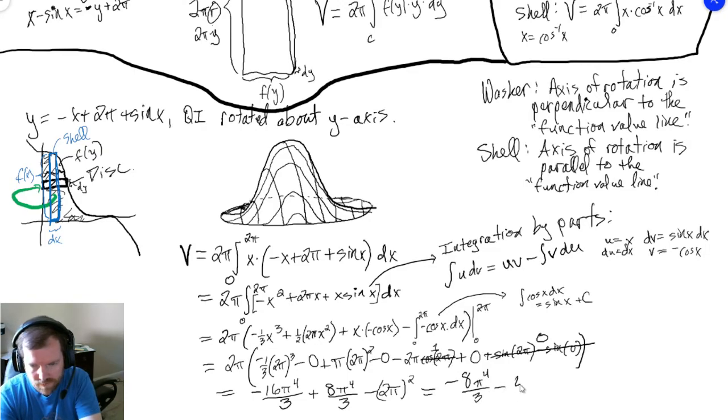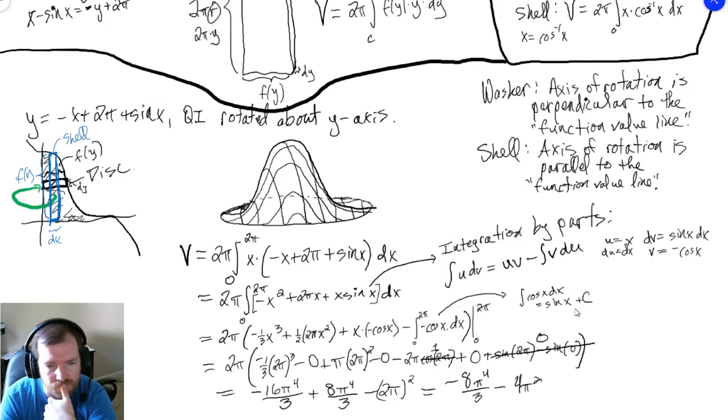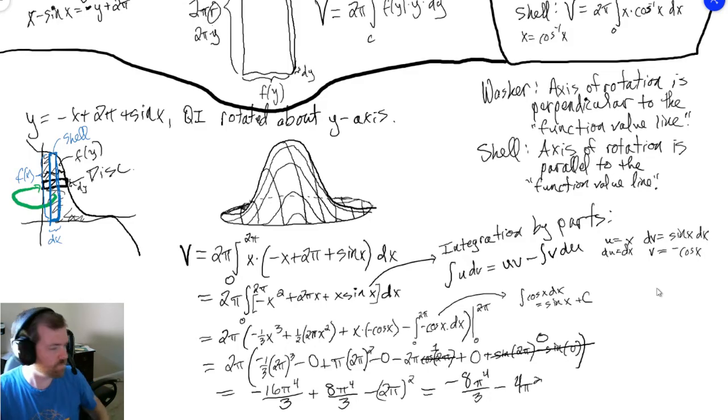And this is going to be a minus 4 pi squared. Just double check everything here.